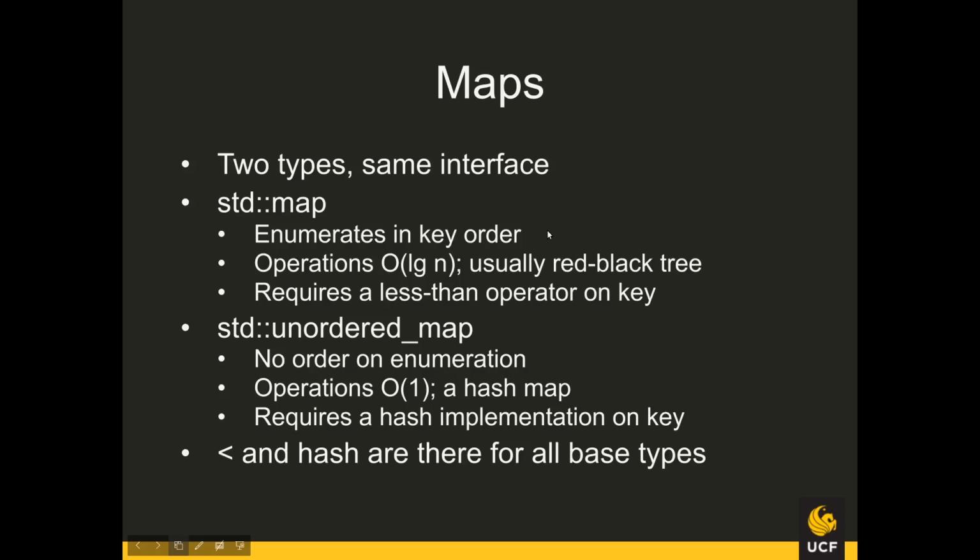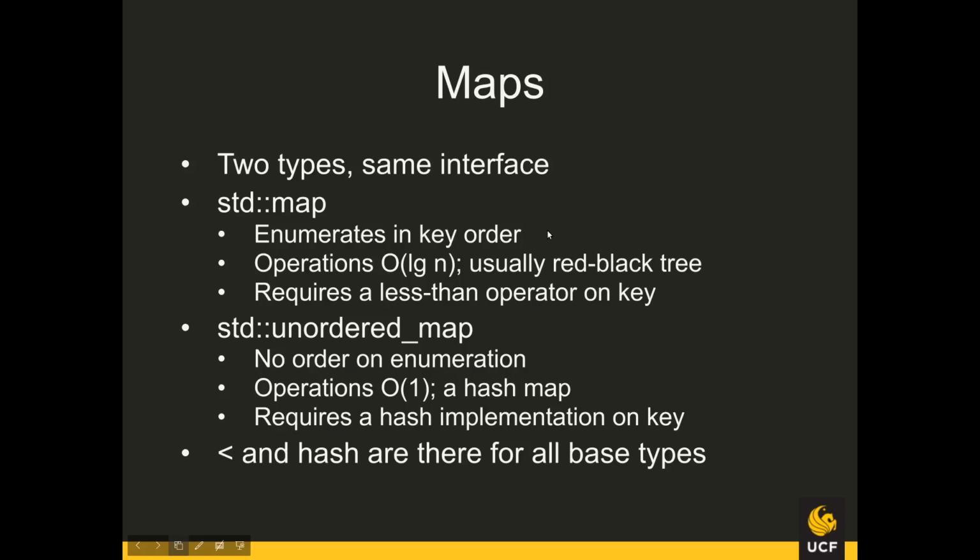So I mentioned earlier that you can enumerate via iterators over the elements in a container. So standard map enumerates in key order. So if your keys are integers, and you iterate over them, you're going to get them back in the order of the key as an integer value. Strings, same thing.